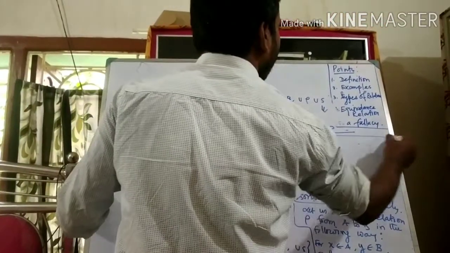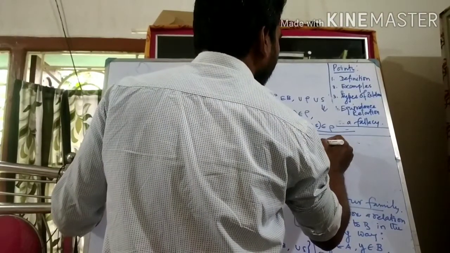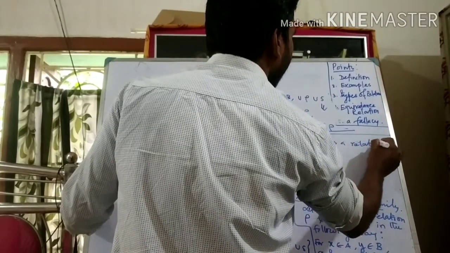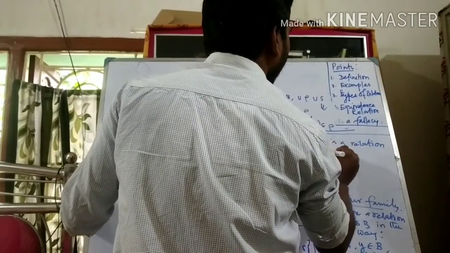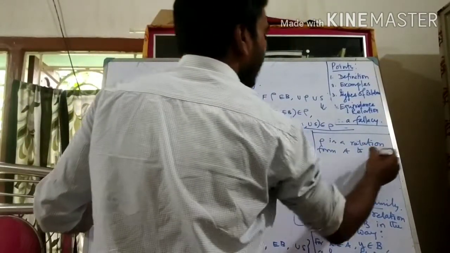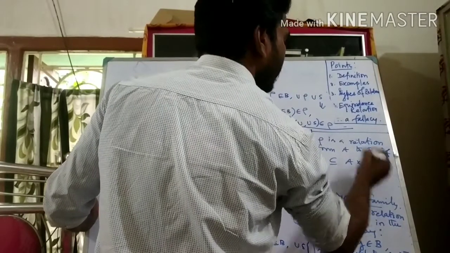Here the definition of relation is: rho is a relation from A to B if rho is a subset of A cross B.